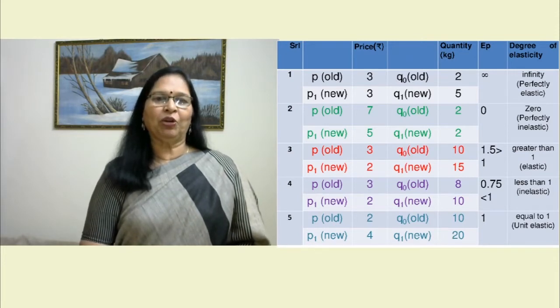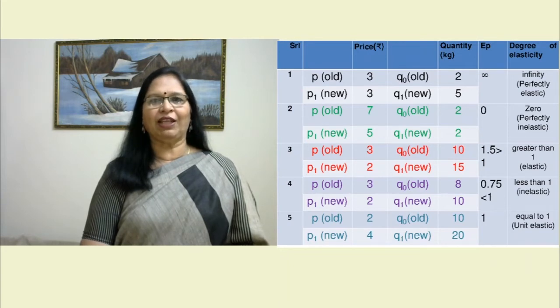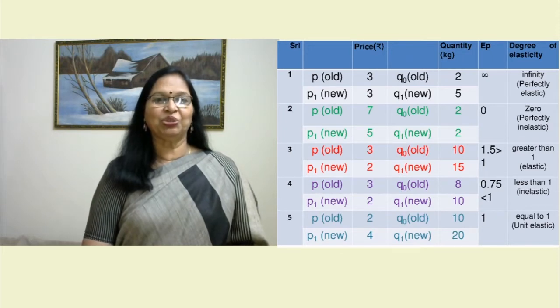This 1.5 is greater than 1, and therefore we call it relatively elastic demand. The next one, the purple colored one, is 3 and 2. The price is 3 and 2, and the quantity is 8 and 10. And here the value that you get after applying the formula is 0.75, which is less than 1, and therefore we say it is relatively inelastic demand.